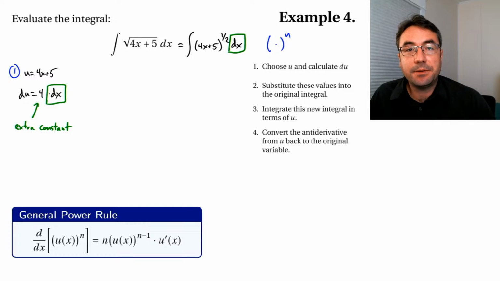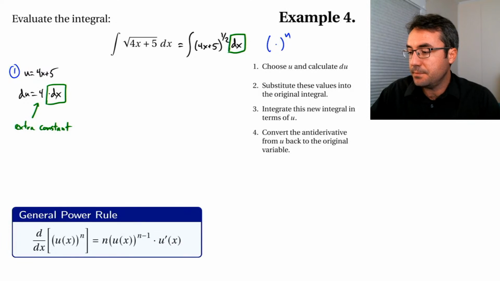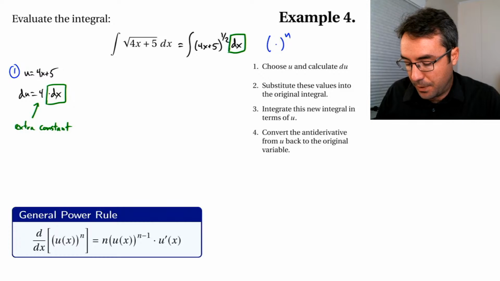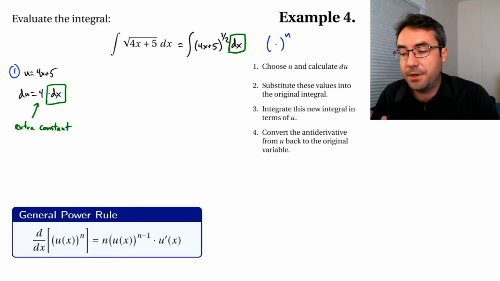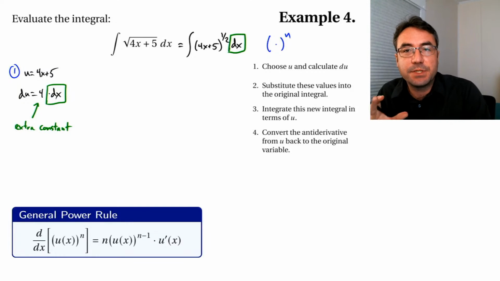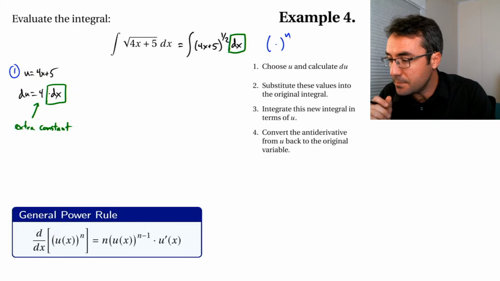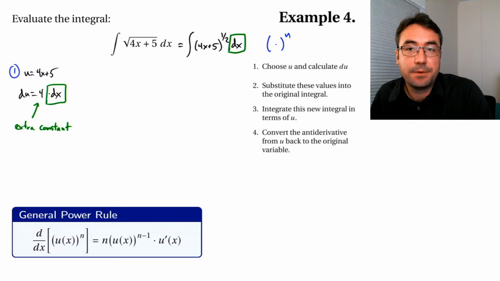And so the way we handle this, you always want to compare your differential to what you have in the original integral. And for the examples we'd seen so far, everything was a perfect match, but that's not always the case. And that's what we're seeing here. So we have this extra constant when we calculate the differential du.